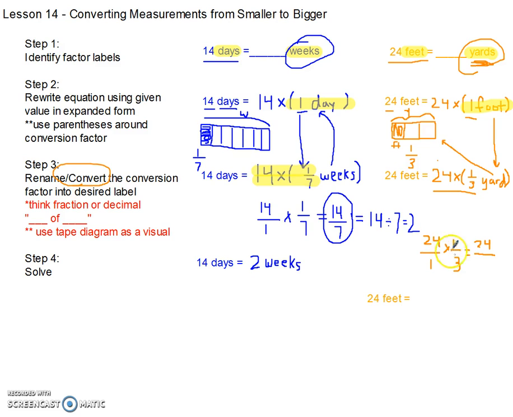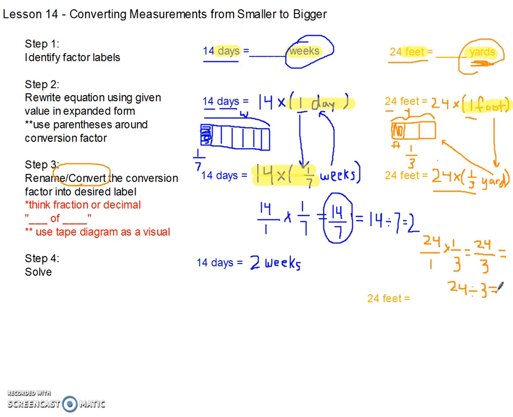And then 1 times 3 for our denominator is 3. And remember, this line here just signifies a division problem. So what we're saying is 24 divided by 3, or how many groups of 3 can we put into 24?